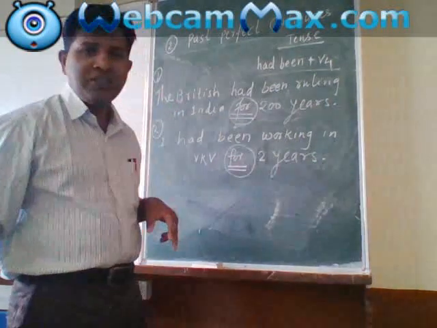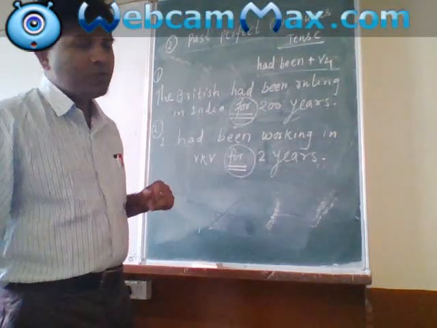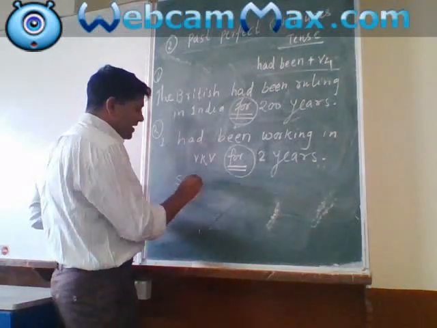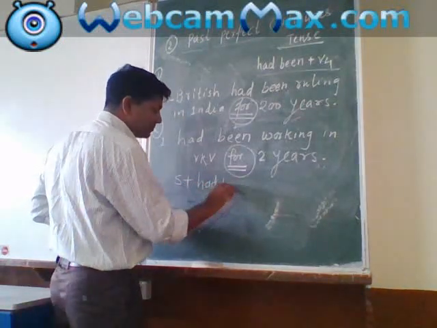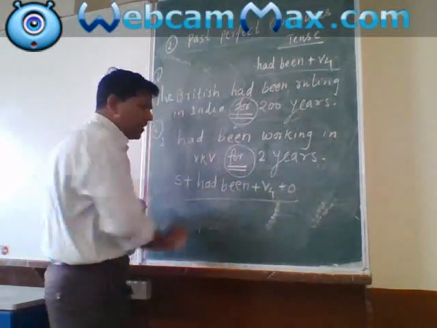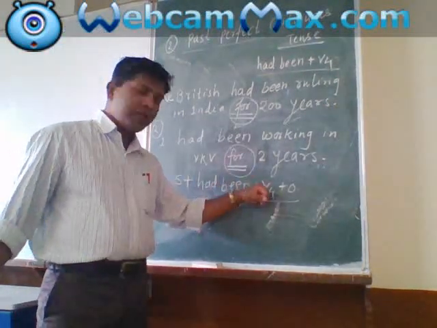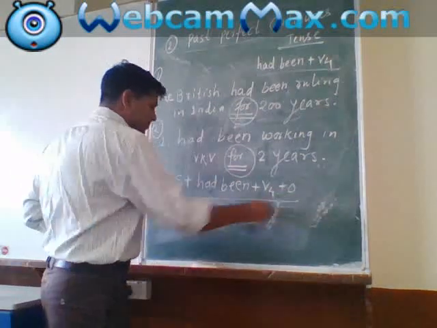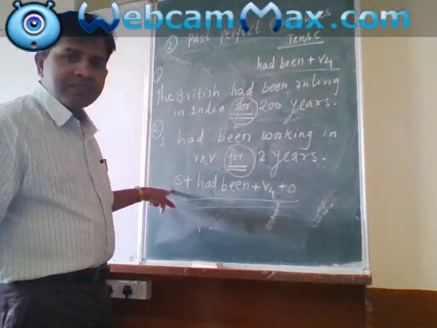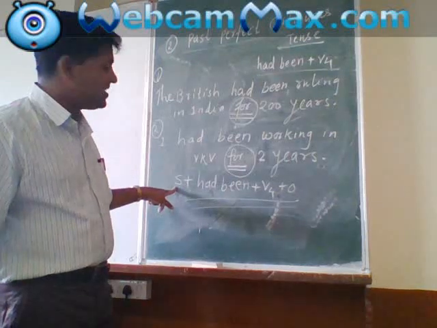It comes for. It comes for. And so here the pattern of the sentence is, okay, subject plus had been plus V4 plus object. So these are the sentences and it is the pattern of the sentence.